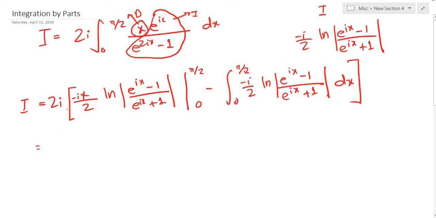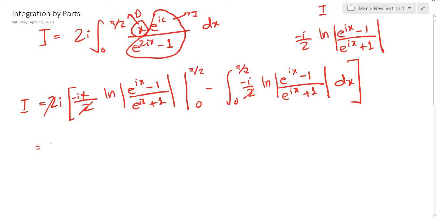Now we can actually multiply the 2i with everything inside the bracket. So the 2's are going to cancel out in both the terms. And we have negative i times i, so negative i squared. i squared is negative 1, so negative of that is just 1.